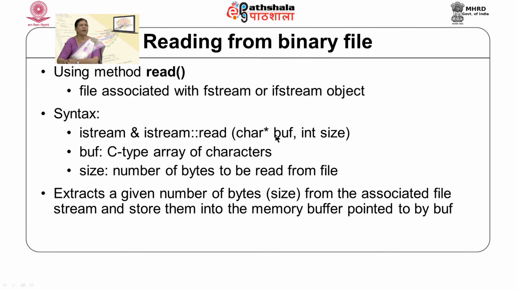So, the first one is pointer to a character, so it is similar to some C type array of characters, and size is the number of bytes to be read from the file. So, when we say read, it extracts size number of bytes from the associated file stream, and those extracted bytes are stored at the address which is given in the buff.